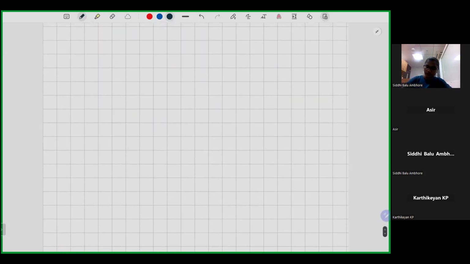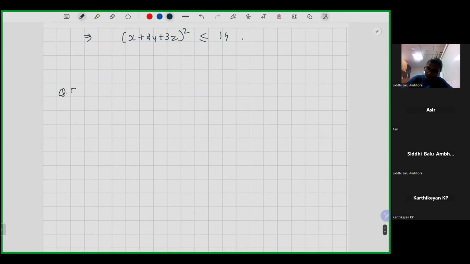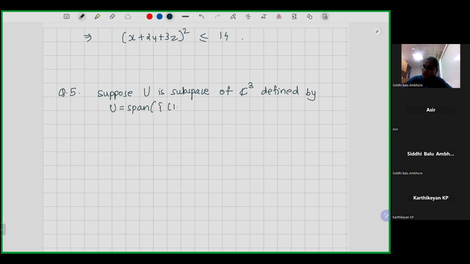The next question we will solve is related to inner product. So suppose U is a subspace of C3 defined by U is equal to span of (1, 0, i), (1, 1, 1) in the standard inner product.